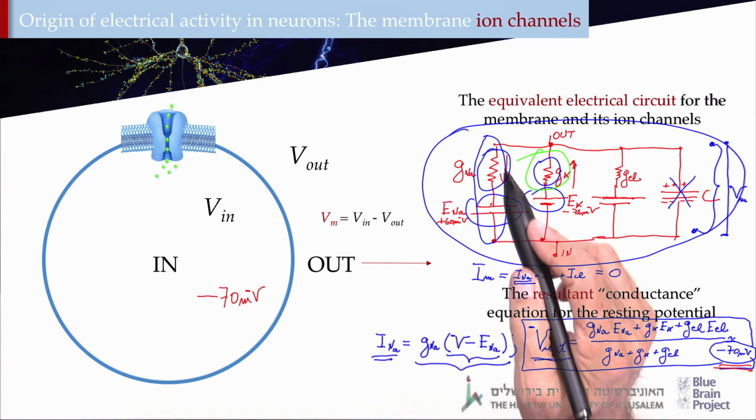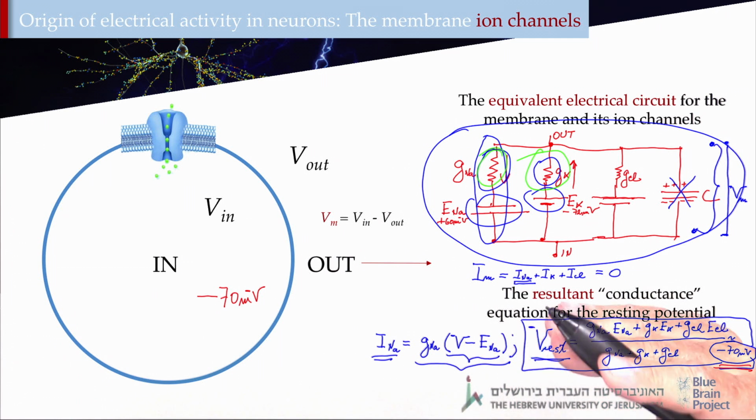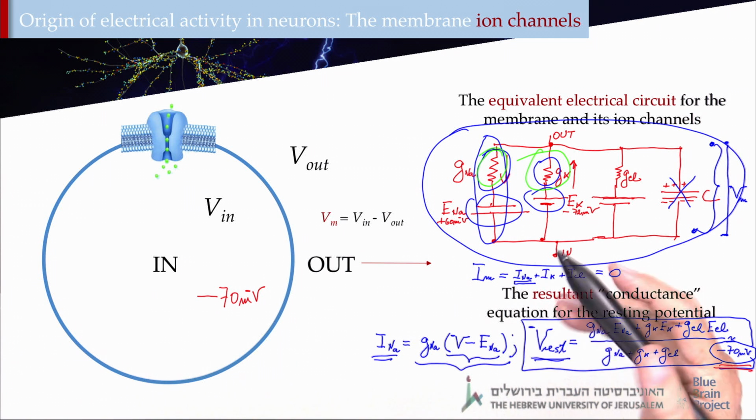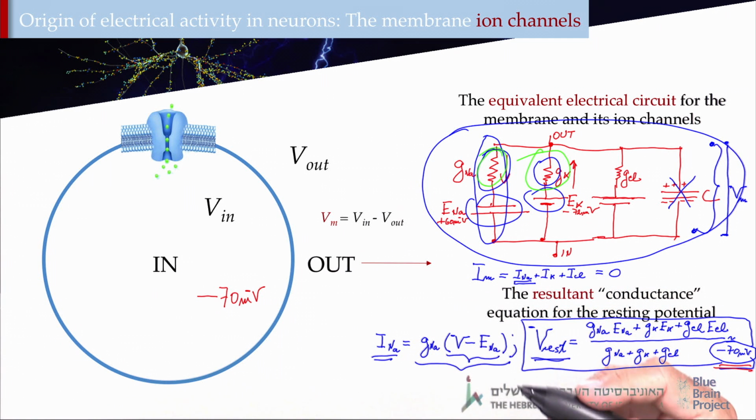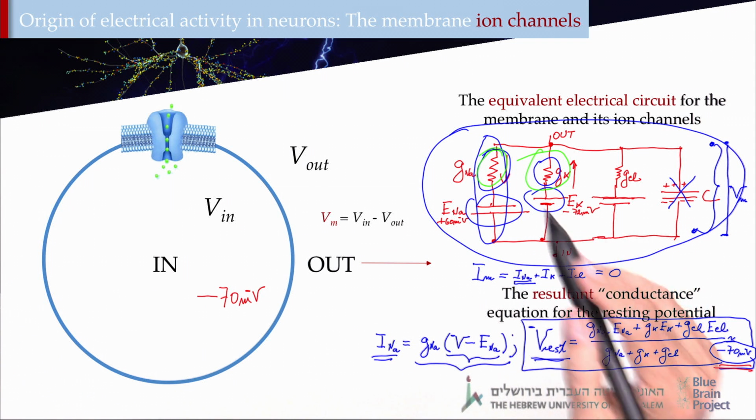If I succeed in changing the sodium conductance very fast, I will get a more positive voltage inside. So that's the fast trick of neurons to change potentials, both synaptic and spiking: by changing these conductances.